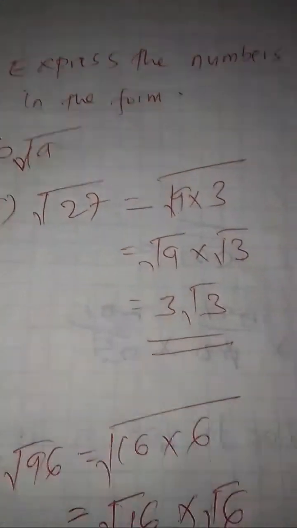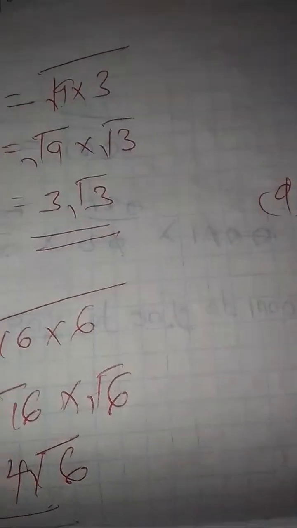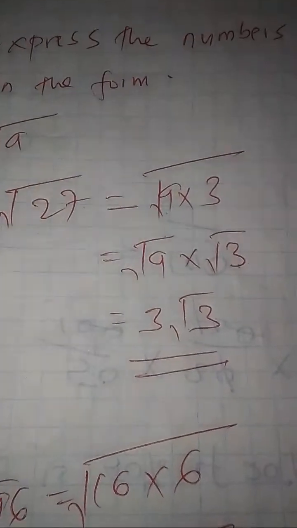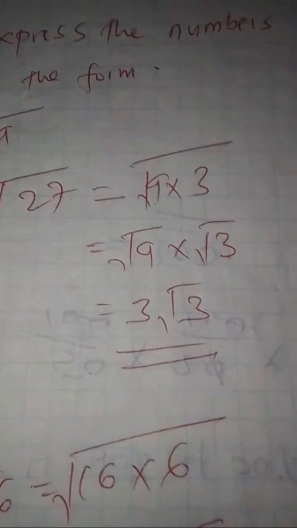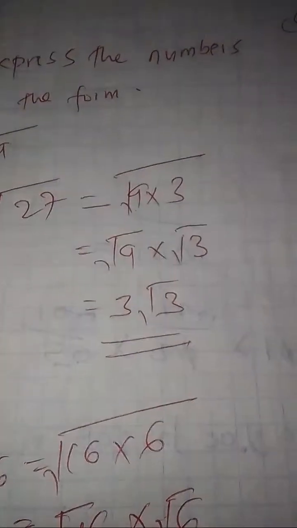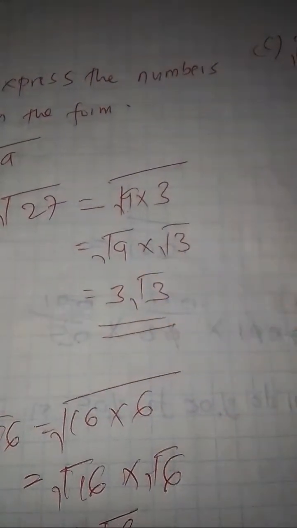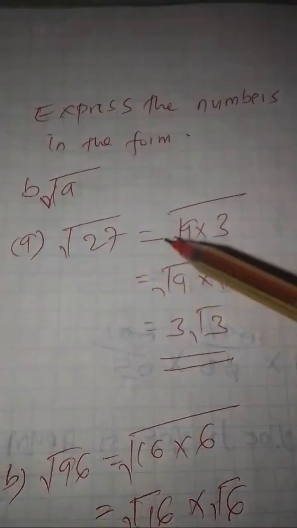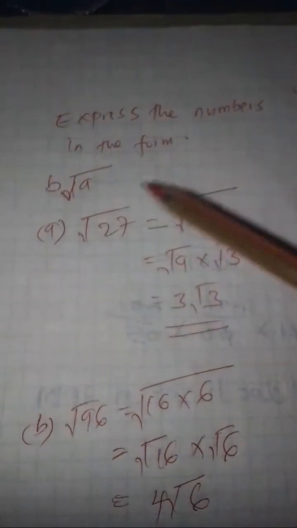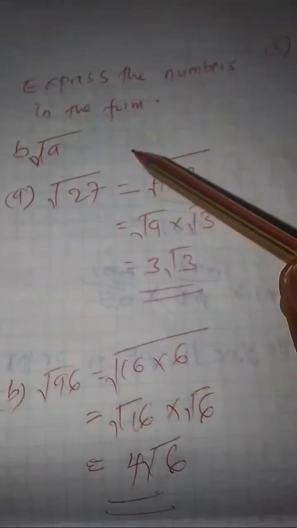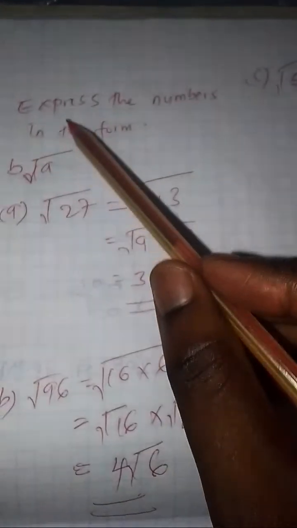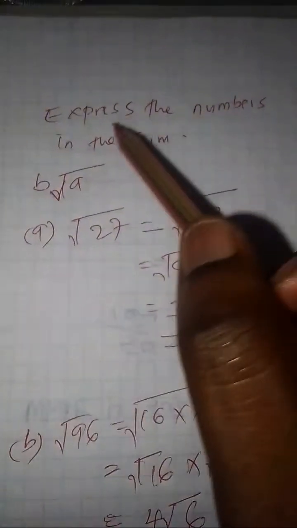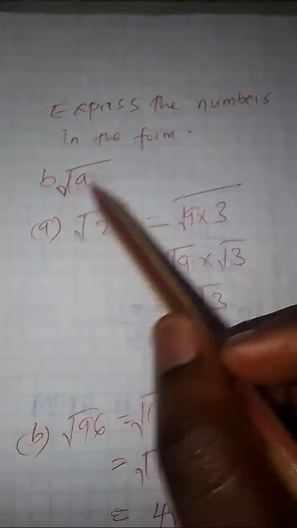I want us now to rewind whatever we've talked about in today's class. We've talked about how we can work out the radical expressions, how we can convert them into several forms, like expressing numbers in the form of b root a.